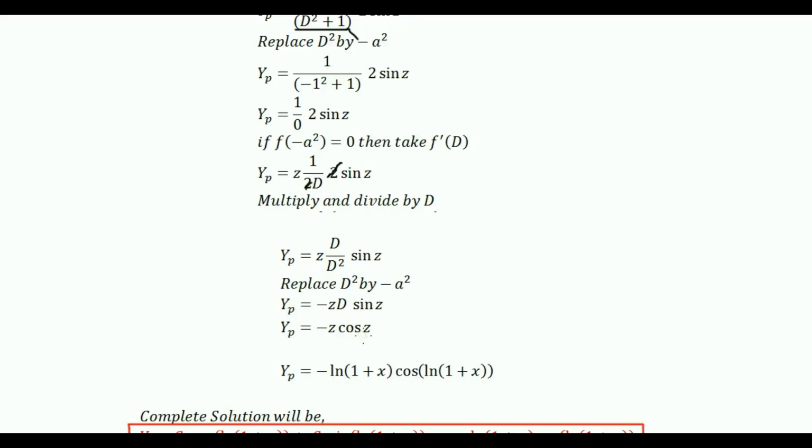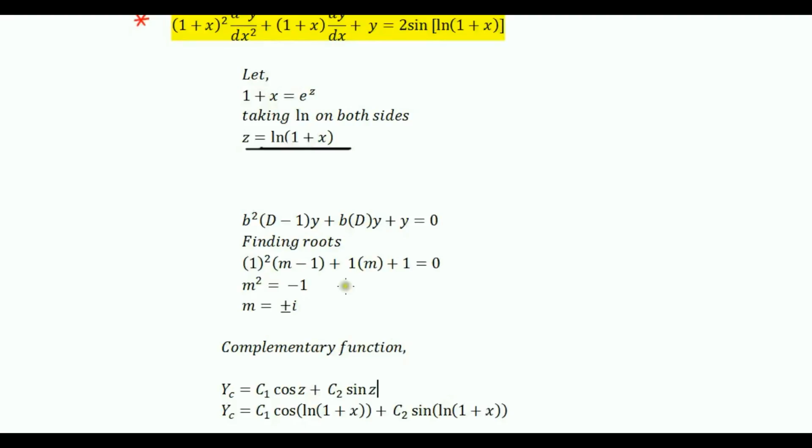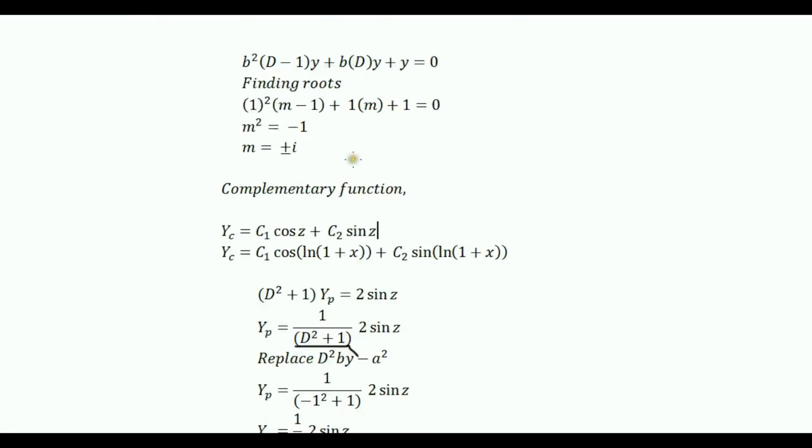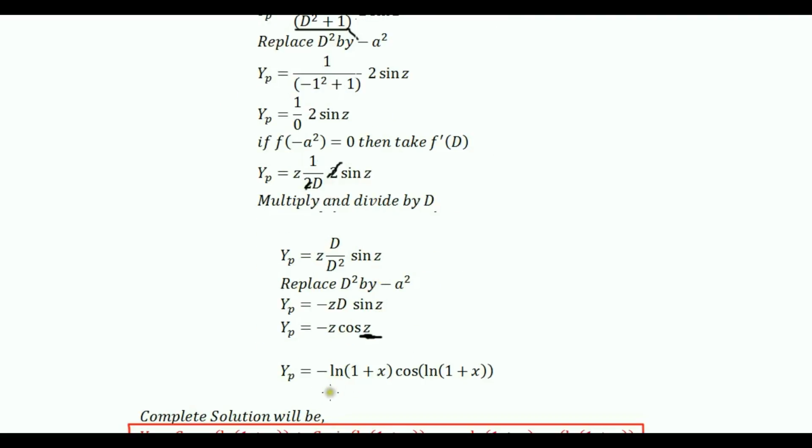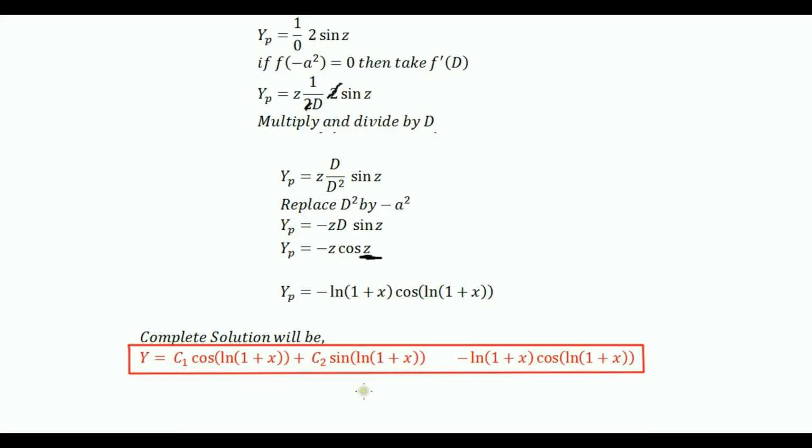And now I will simply replace the value of z to write it in the form of x. So my yp will become minus ln(1 plus x) cos(ln(1 plus x)). So the complete solution of the given equation will be y equals yc plus yp.